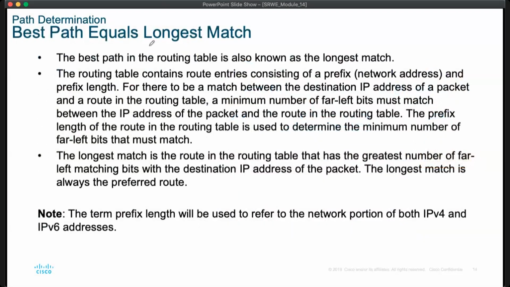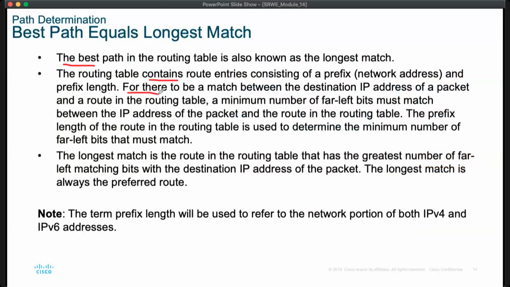Okay, best path equals longest match. The best path in the routing table is also known as the longest match. The routing table contains route entries consisting of a prefix network address and prefix length.